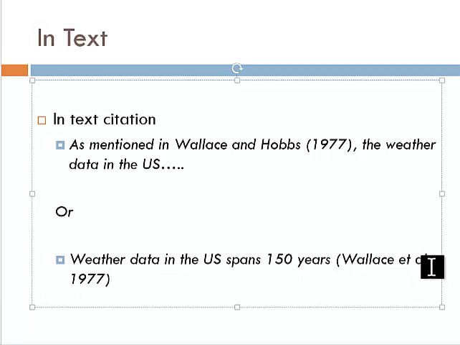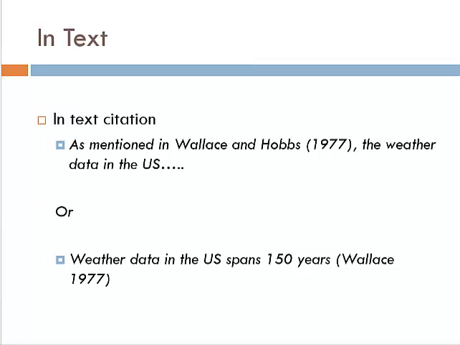And this is what you do in the situation where you have more than 2 authors. If you only have those 2 authors, then you write their names out. This concludes my review of the in-text citation.